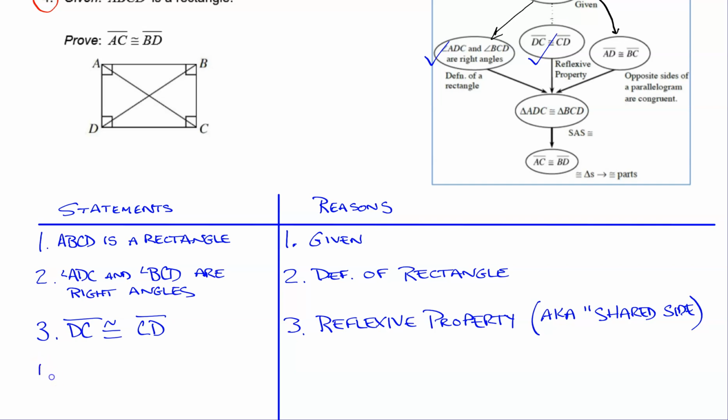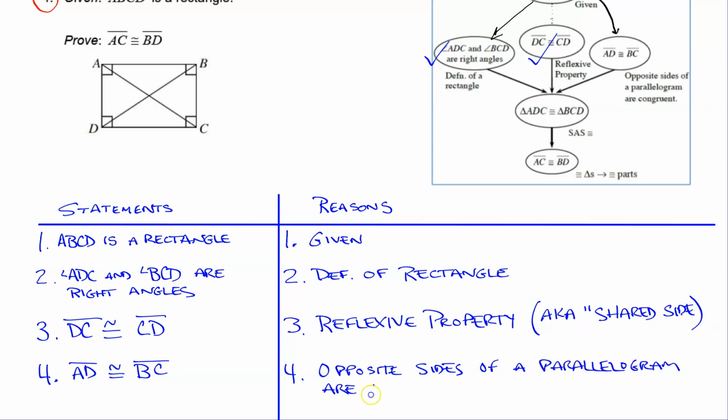Let's go on to number 4. The fourth statement I'm going to make is that segment AD is congruent to segment BC. What is the reason that I'm allowed to make that statement? Well, I know that opposite sides of a parallelogram are congruent.